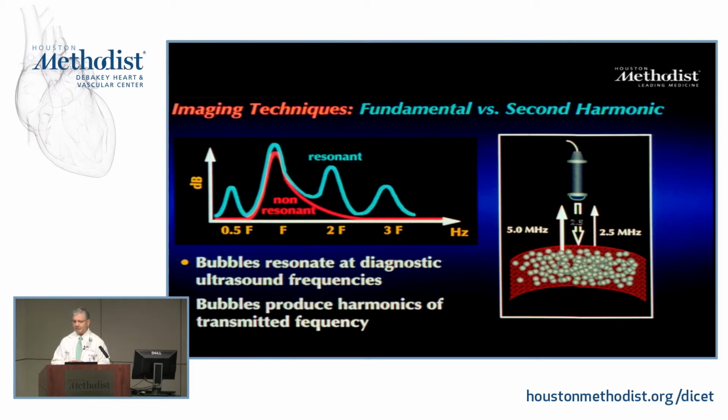Right? The interesting thing is that we did not think that the myocardium per se would emit second harmonic. We thought it is much more inert. Nothing will happen. Interestingly enough, it emits second harmonic too. But still, the contrast emits much more vigorous second harmonic than the muscle.